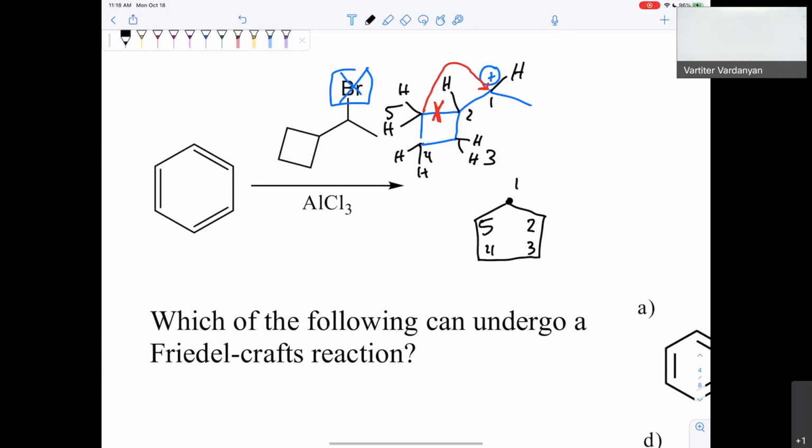On carbon number 1, we have a methyl and we also have one hydrogen. Cool. So carbons 3, 4, and 5 each have 2 hydrogens, and carbon number 2 only has 1 hydrogen. So what carbon is the cation going to be on?